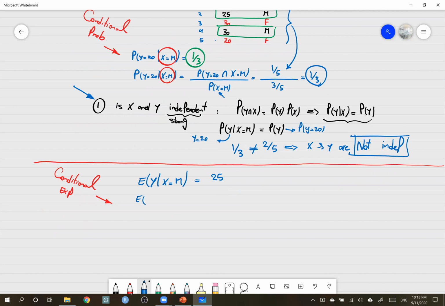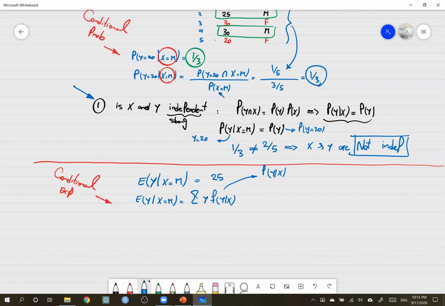Expected value of y given x is equal to male is going to be equal to the summation of y times f of y given x. And remember, guys, what is this f of y given x? This is our friend conditional probability. We use f and p interchangeably.